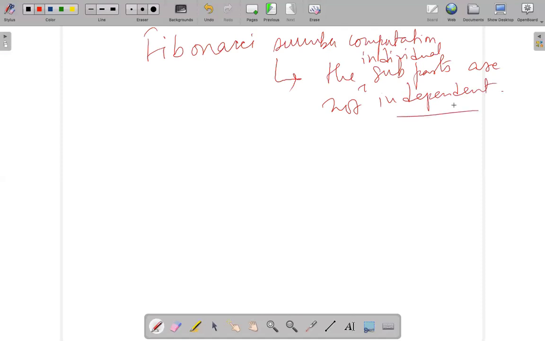By this I mean that the subparts can be reused to construct the larger parts. Fine.